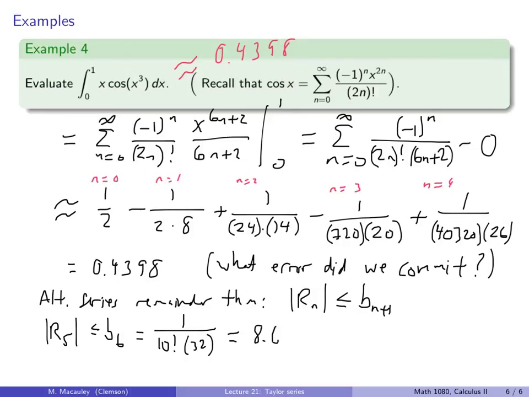So this is 8.61 times 10 to the negative 9th, and this is tiny. So this approximation is good to within this, which is almost 10 to the negative 8th of the actual value of this integral.